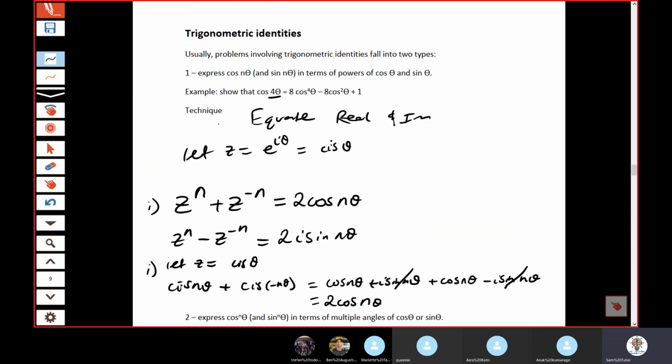With the one above, it didn't matter what the question asked, if it was cos or sine, we still did both cos and sine at the beginning, and then we equate at the end for whatever we want. One more time. These ones, we did both cos and sine, and then we equate for whatever we want.